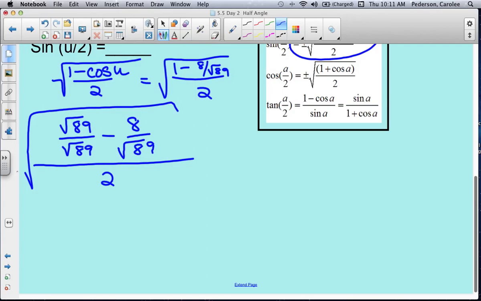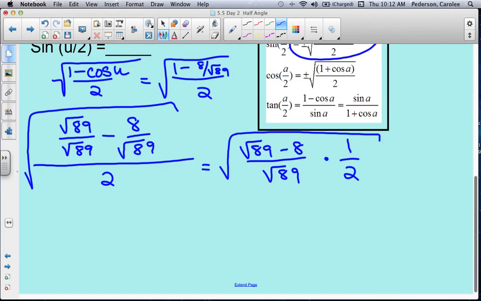Now we can go ahead and subtract them: square root of 89 minus 8 over the square root of 89. What should I do with that 2? Reciprocate it and multiply across. When we multiply across, that numerator stays as it is, and then the denominator now is 2 times the square root of 89.